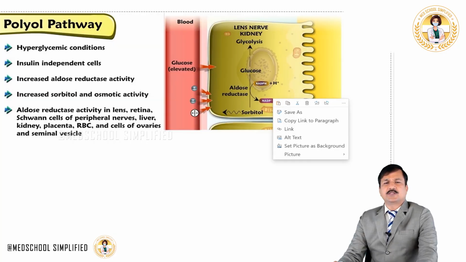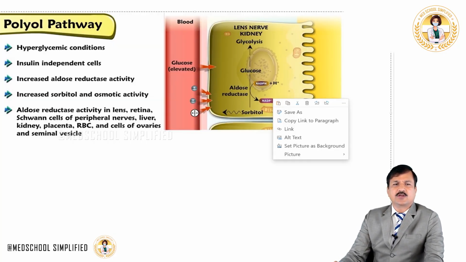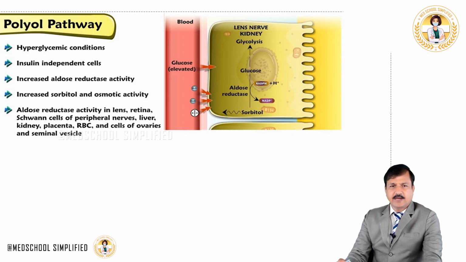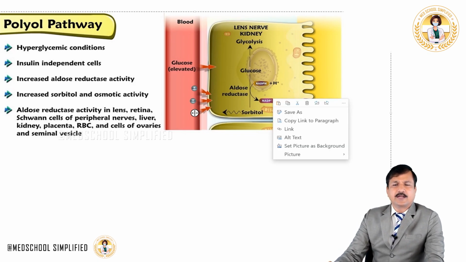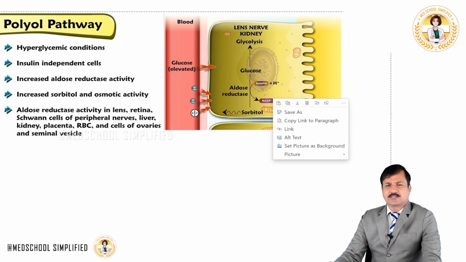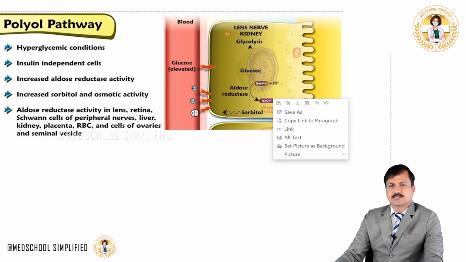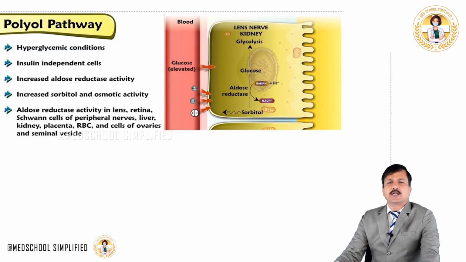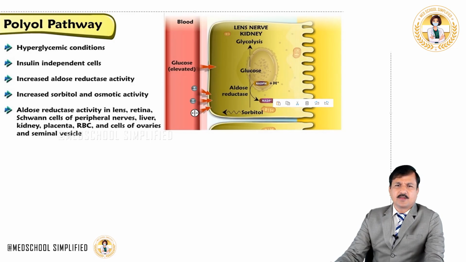This especially happens in insulin independent tissues, because insulin is the one that regulates the entry of glucose into the cell in certain tissues like skeletal muscle, adipose tissue and cardiac tissue. But in insulin independent cells, like all other cells other than skeletal muscle, cardiac tissue and adipose tissue, you don't need insulin to get glucose inside.